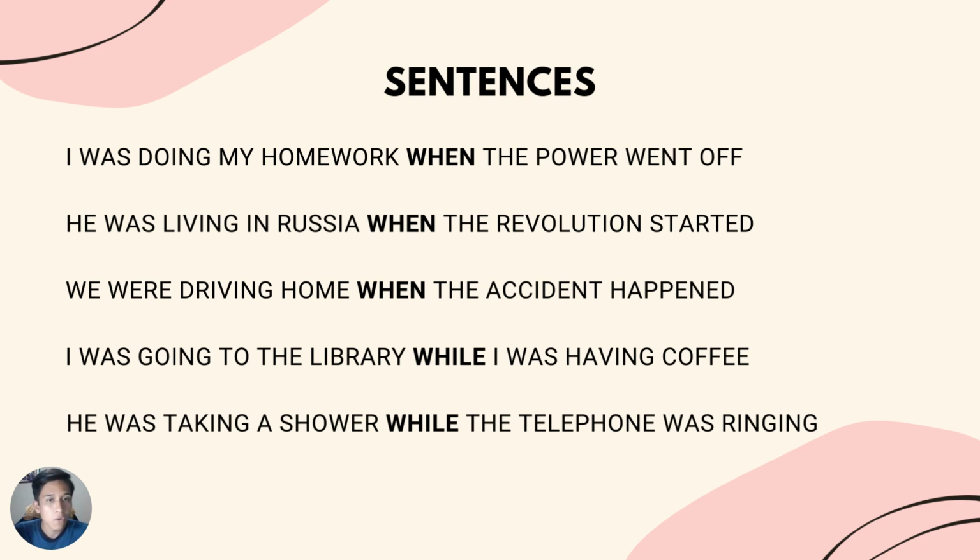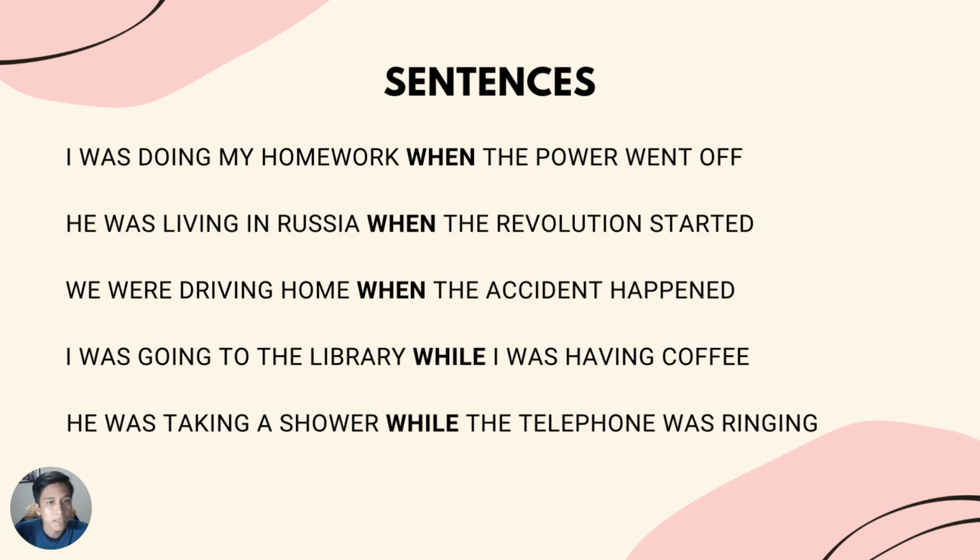We were driving home when the accident happened. I was going to the library while I was having coffee. Here, you can notice that two parallel actions in the past were happening.